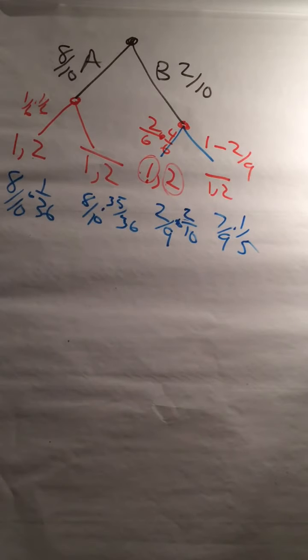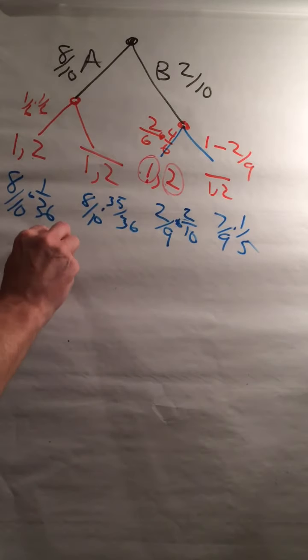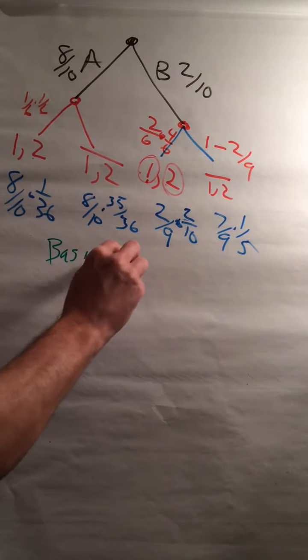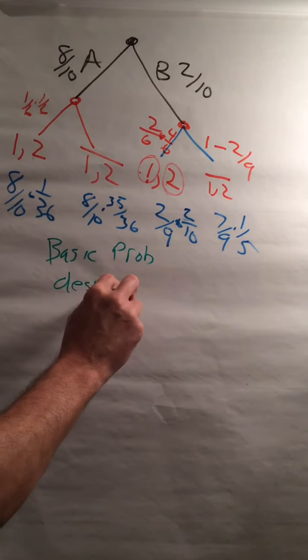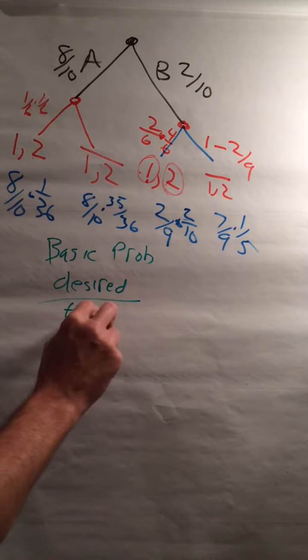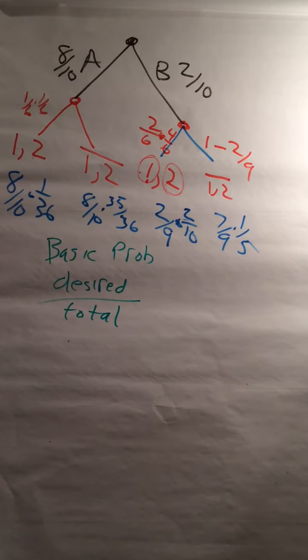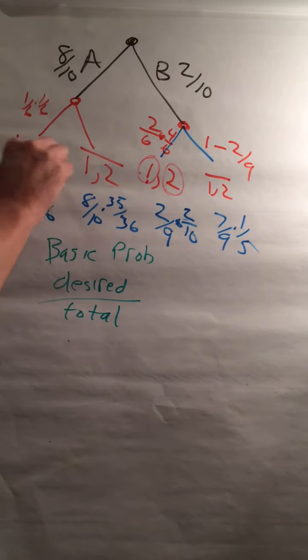So now we're going to use some basic probability to finish this off. We know what we want. We want the probability of A given B. So we use basic probability. We have the desired outcomes up top. Desired divided by total. So what are the ones that we're restricted to? Well, we are only looking at, it's got to be a 1.